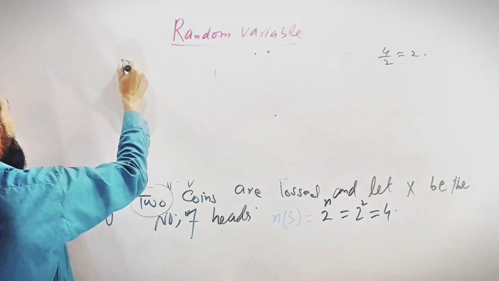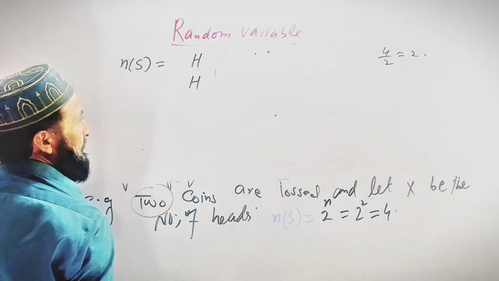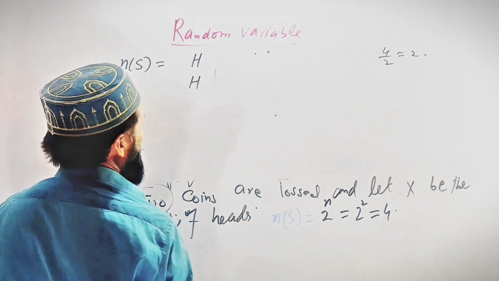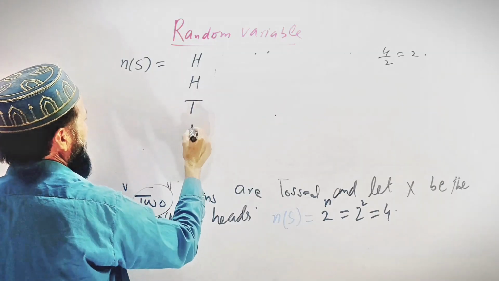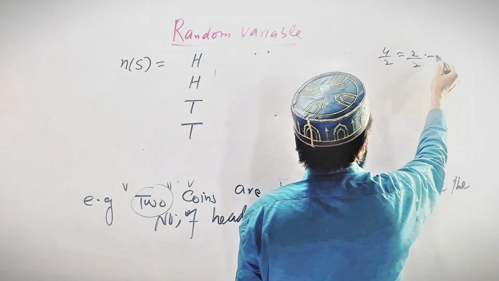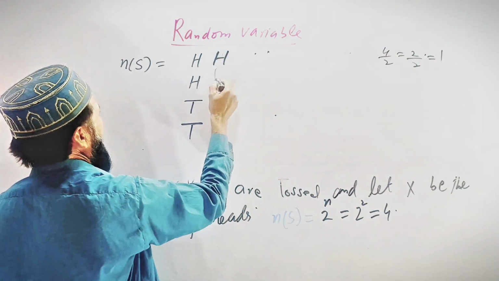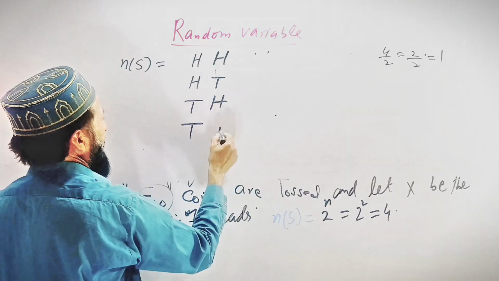So in the sample space we first get 2 heads and 2 tails. Similarly, this result is further divided by 2, and here we get 1. So 1 head and 1 tail, 1 head and 1 tail.